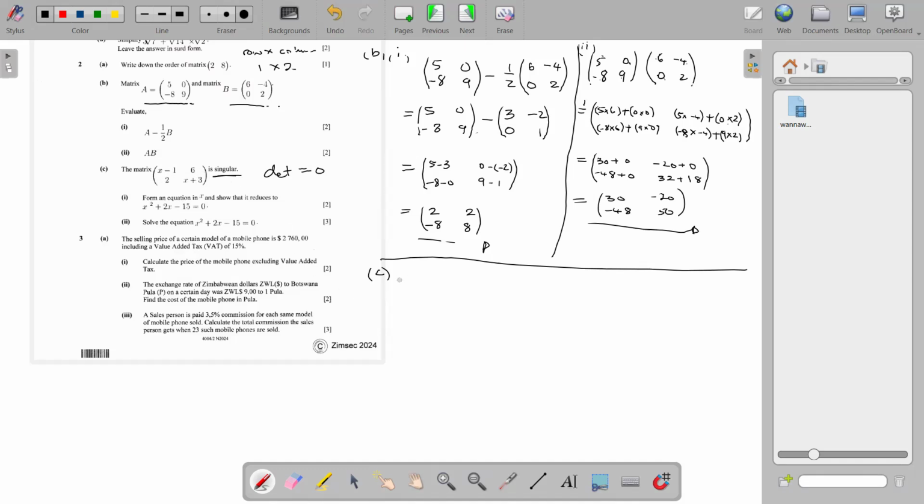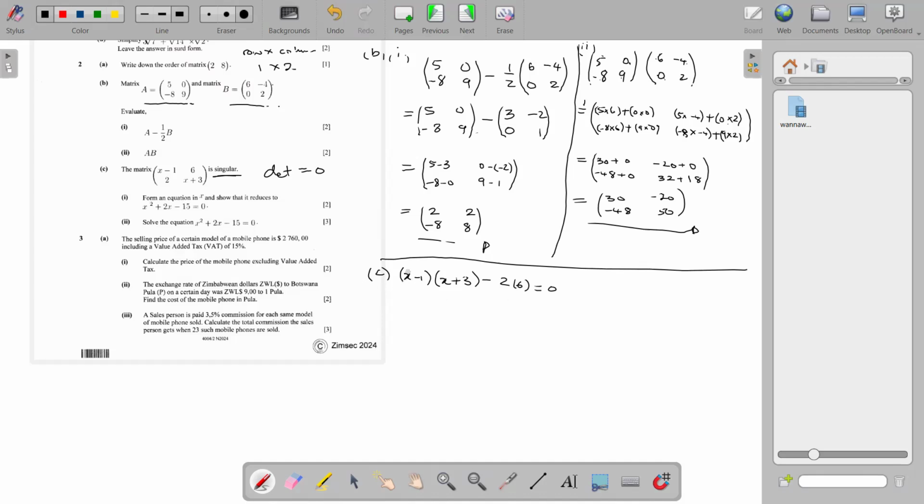So in this case, we are going to have the bracket x minus 1 multiplied by x plus 3, sorry, minus this product, which is 2 times 6, must be equal to 0.